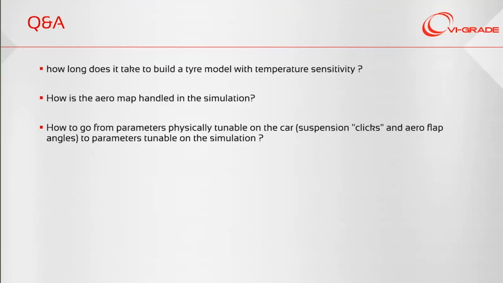For example, for suspension clicks, a different lookup table for the damper should be provided. Or as an alternative, we have the possibility of scaling and offsetting the parameters within VI-Real Time so that they represent the specific configuration.